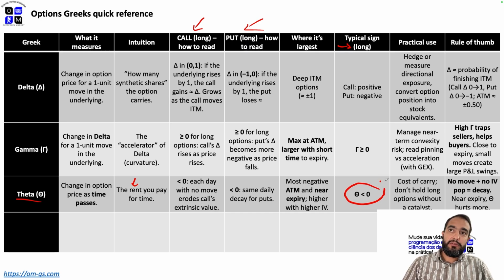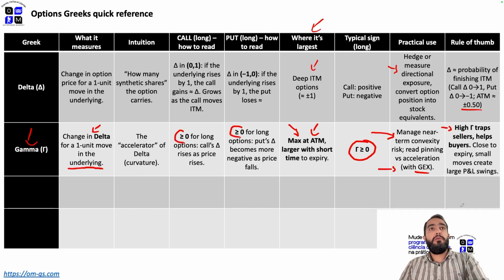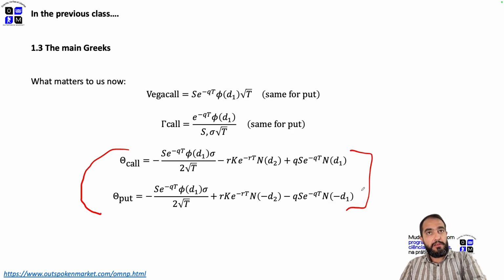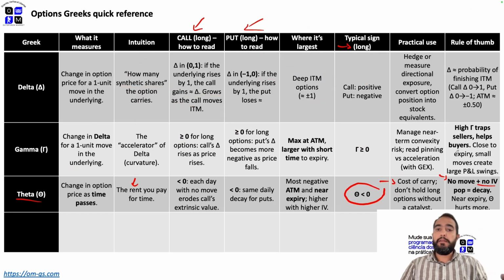It can also be understood as the cost of carry. And if you have no move or no change in the implied volatility, you have the decay. The closer you are to the expiration, the more it is going to hurt you. That is what we have seen in the previous class, where we had the mathematical approach. Here you have the intuition and how you should be doing the interpretation.